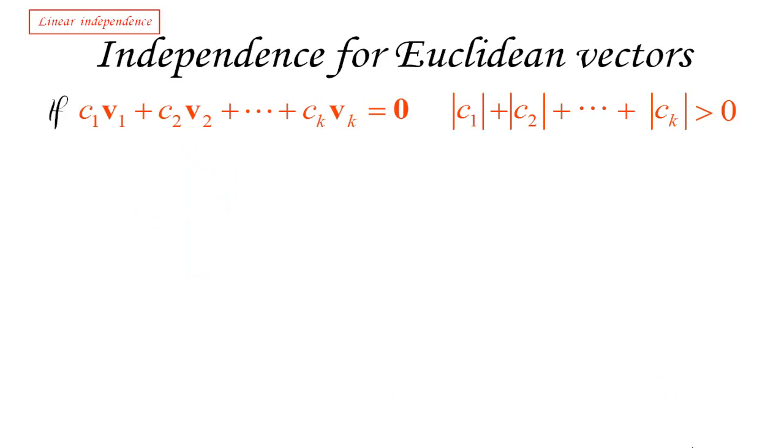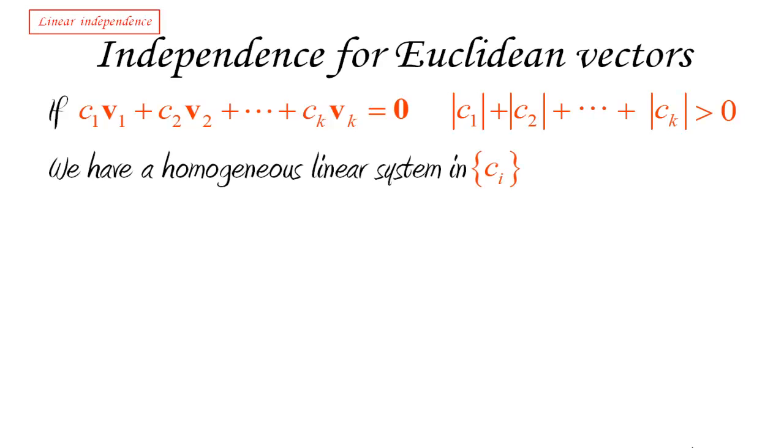Let's stay in the same situation, where we have a dependent set of vectors. So there is a linear combination equal to 0 with numbers which are not all equal to 0. In this situation, what we're looking at is actually a homogeneous linear system. You can interpret the left-hand side, this time looking at the vectors as columns, as a homogeneous linear system whose variables, however, are the ci's.